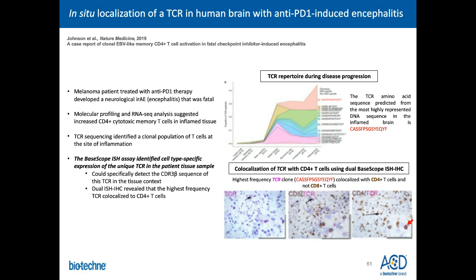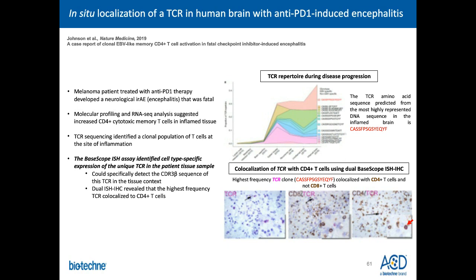And what they found was that this particular TCR was co-localized with CD4 cells and not with CD8 cells, highlighting that the population responsible for inducing encephalitis was a CD4 positive T cell population, which they later went on to identify as a memory CD4 positive T cell population.